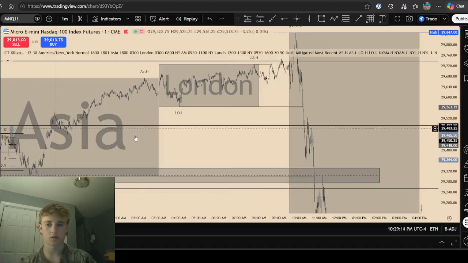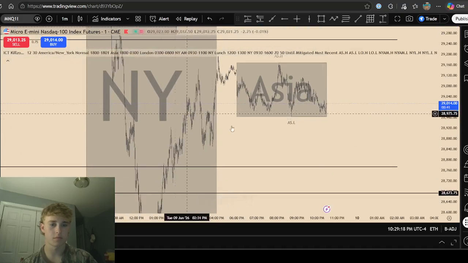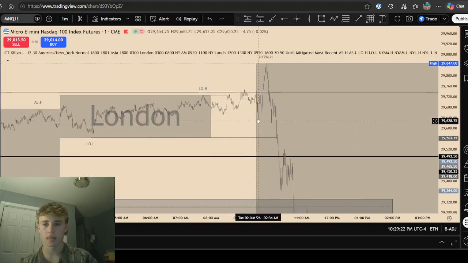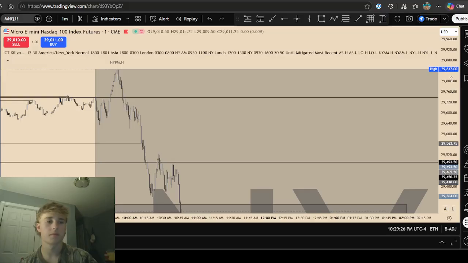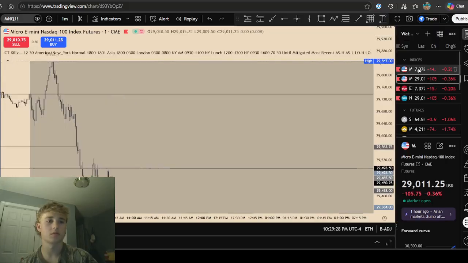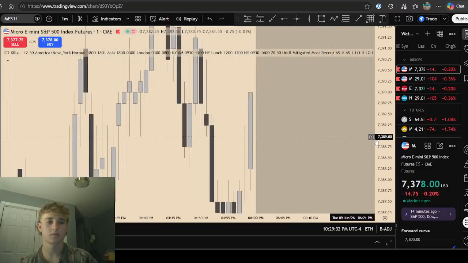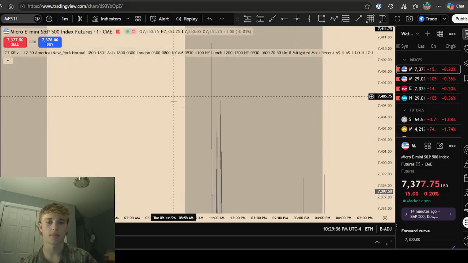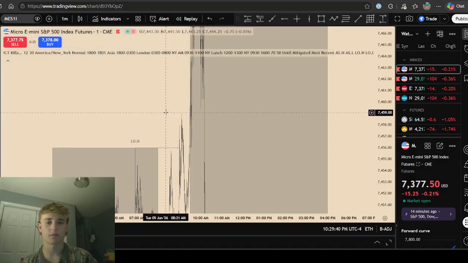Okay, the second trade. That's not a trade, that was just me. I faded that one. The second trade was all the way up here. Except this one was on... Try and pull it up here.